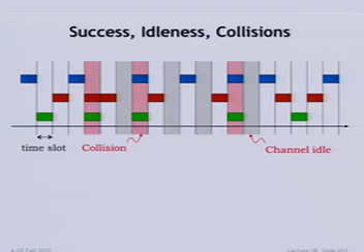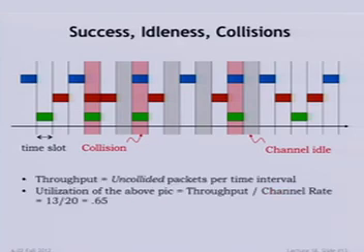If you have more than 1 node send in a time slot, we have a collision. And in our model, none of the packets sent in that time slot gets decoded. All of them are wasted. And everything else is a success. If you have a time slot in which exactly 1 packet is sent, we'll assume in this model that the packet is successfully decoded, and we get to count that as a successful packet reception.